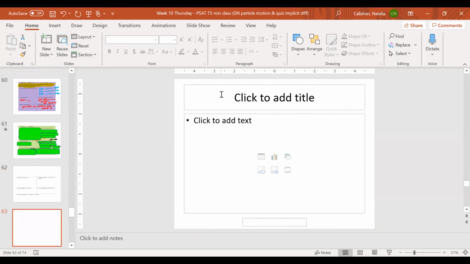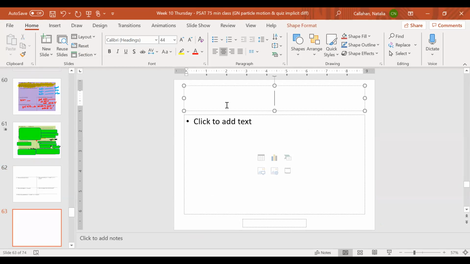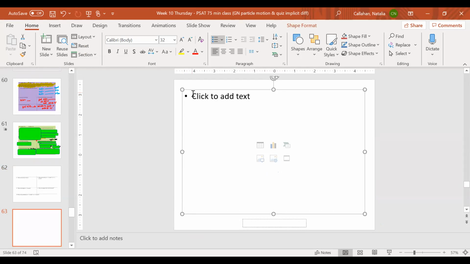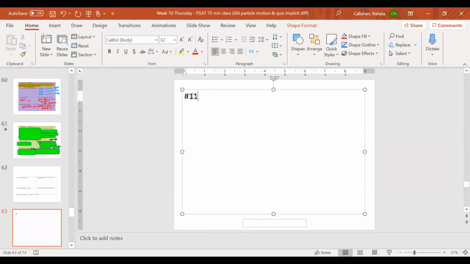I'm just going to go ahead and type it up here. For question number 11, I am going to ask you to find the average velocity.